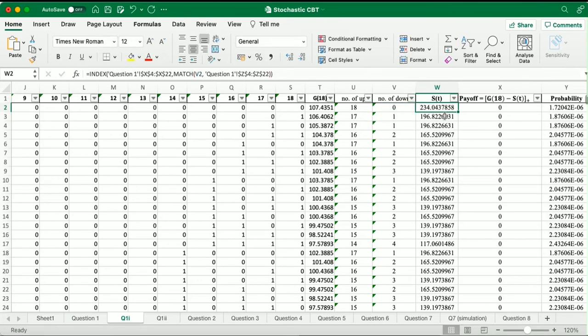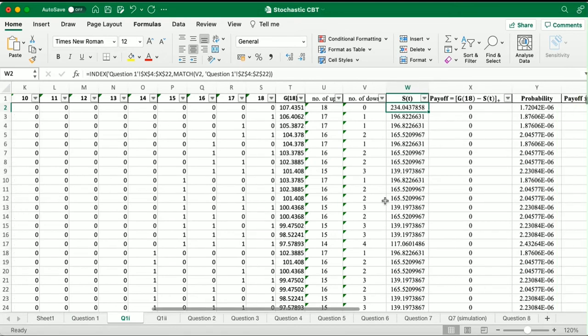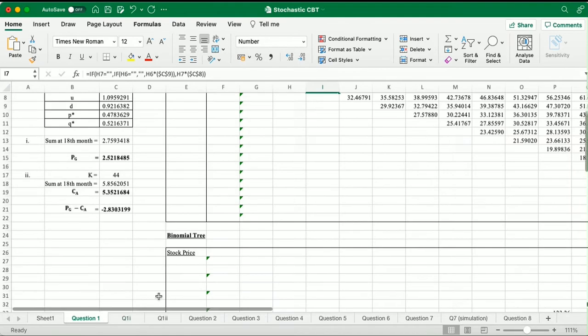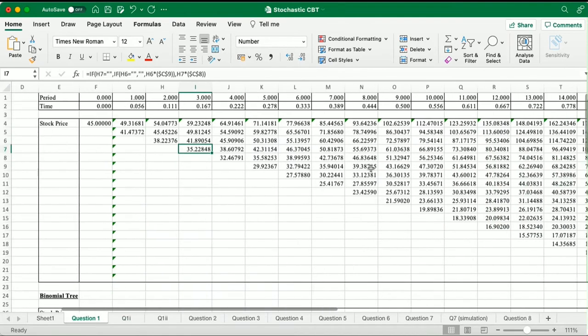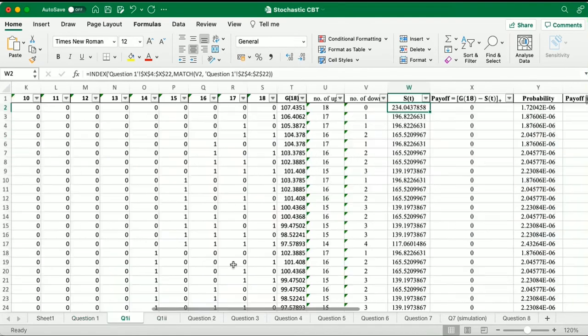We do this for all the rows in column W, and we match all the prices that we calculated in this stock price table into this column.